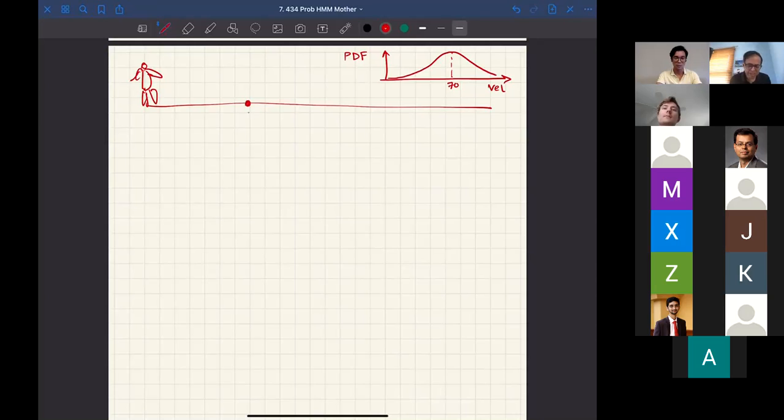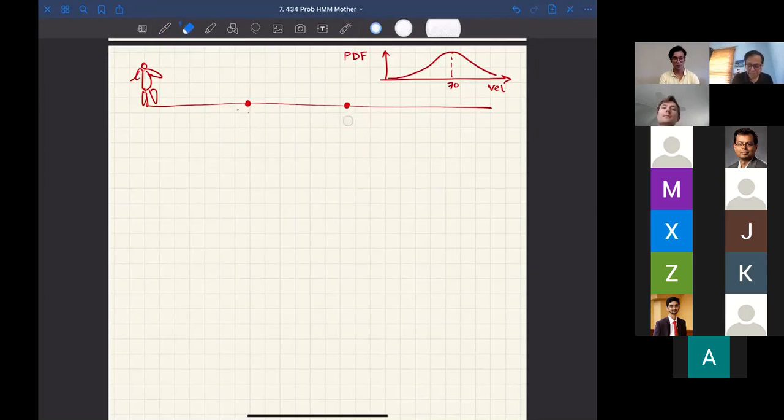If I put a particle here, it means I believe the robot is here. If I put a particle here, then this particle and this particle together has the same probability mass. So I would believe, let's say this is half and this is half, then I believe with half probability the robot is here, and with another half probability the robot is here.